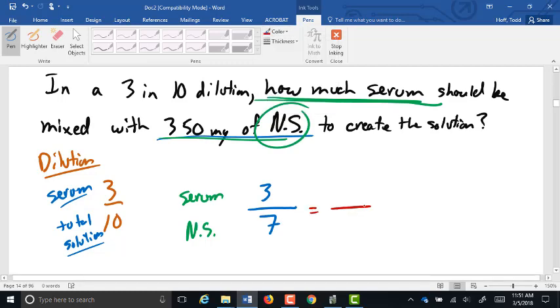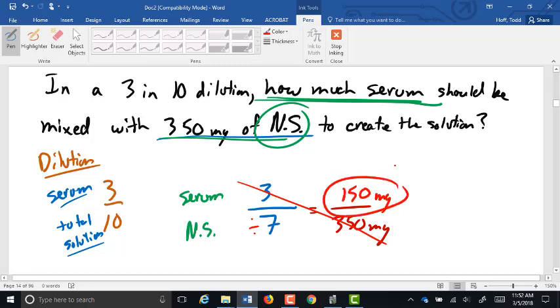And now we can put in 350 milligrams of saline, and we can cross multiply and divide. So 3 times 350 divided by 7 is 150 milligrams. So we would mix 150 milligrams of serum with that 350 milligrams of saline.